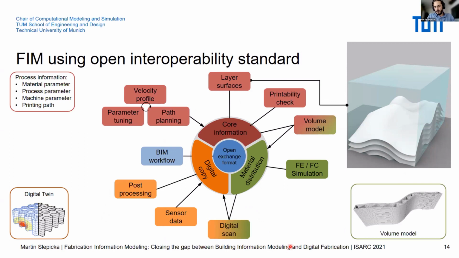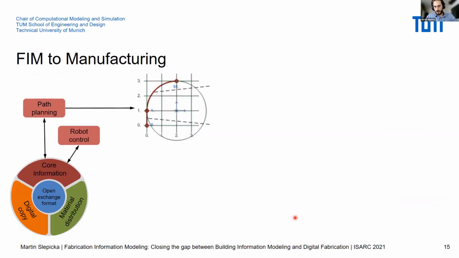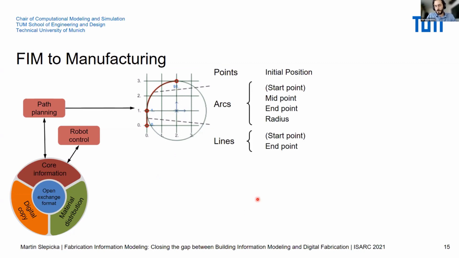So we have an implicit description of the path, which can be directly translated into movement by either discretizing it to points if we want to have point-to-point movement, or use the elements for robot control interpolation methods like linear interpolation, circular interpolation, and can be directly converted into various kinds of programming languages for robots.